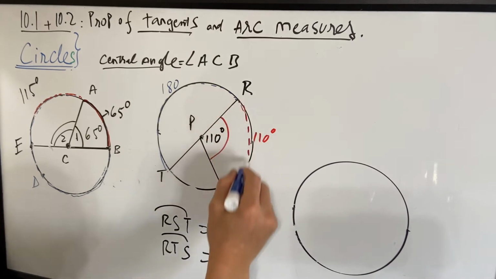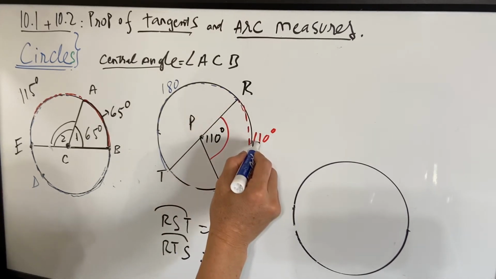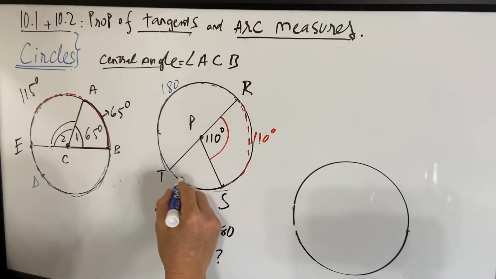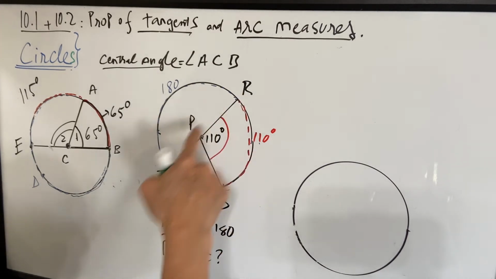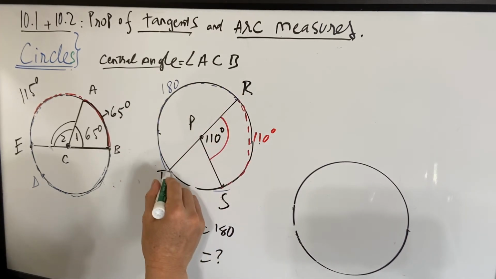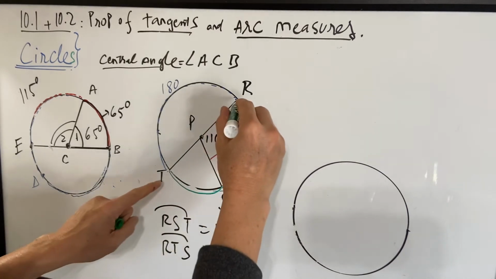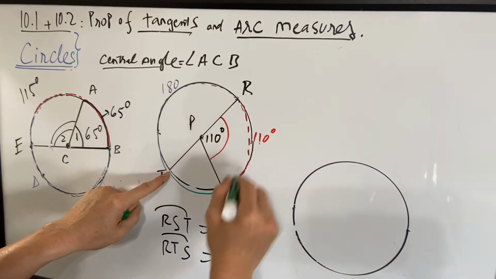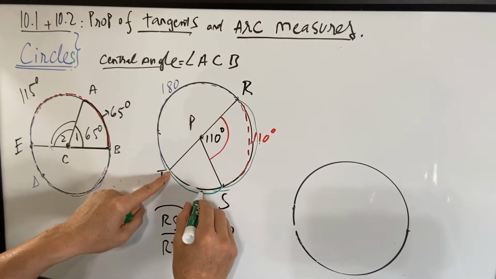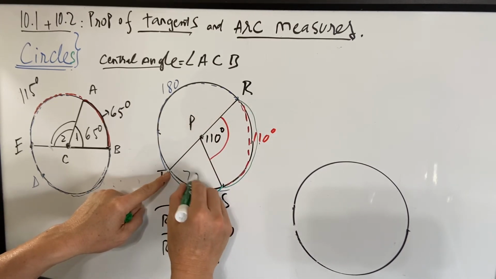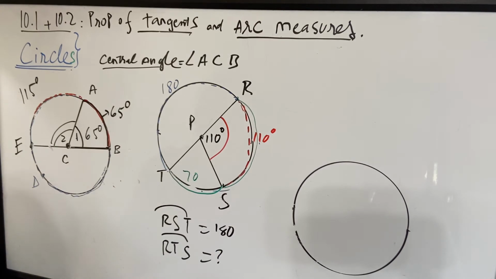And you have another half, which is 180, take away 110. To find RTS, you need to know what TS is. Since the whole thing from R to T is 180, take away 110, what's left over for this one is 70. That sets you up for your next example.